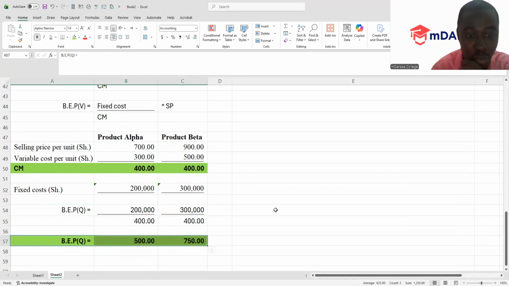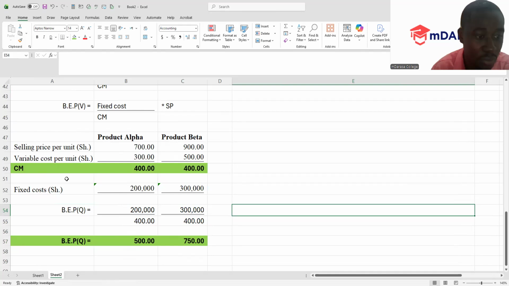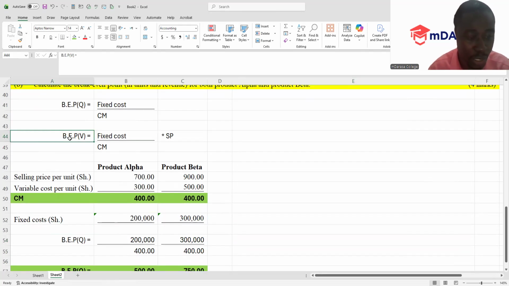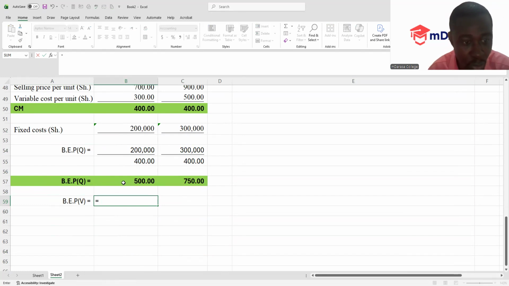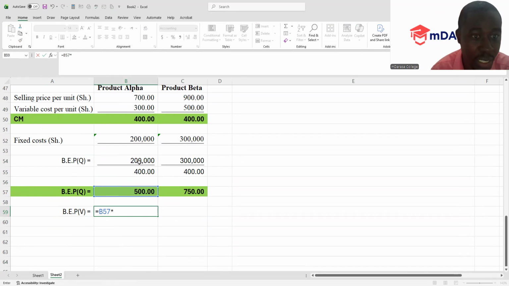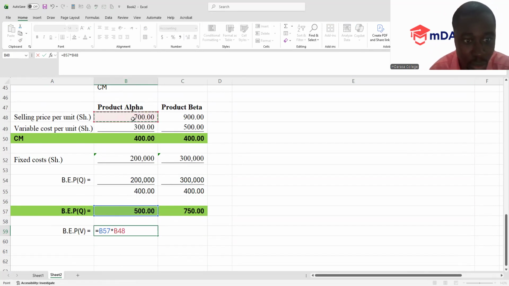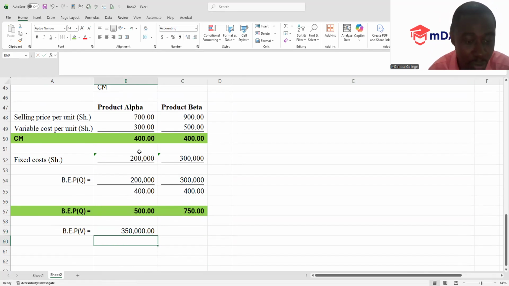The other part is to determine break-even point in value. All we need to do is take the break-even point in quantity and multiply by our selling price, which in this case is 700 for alpha and 900 for beta.